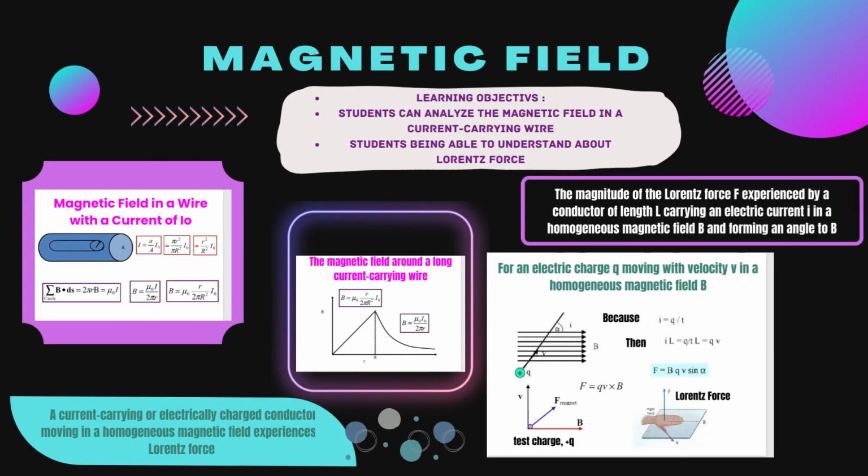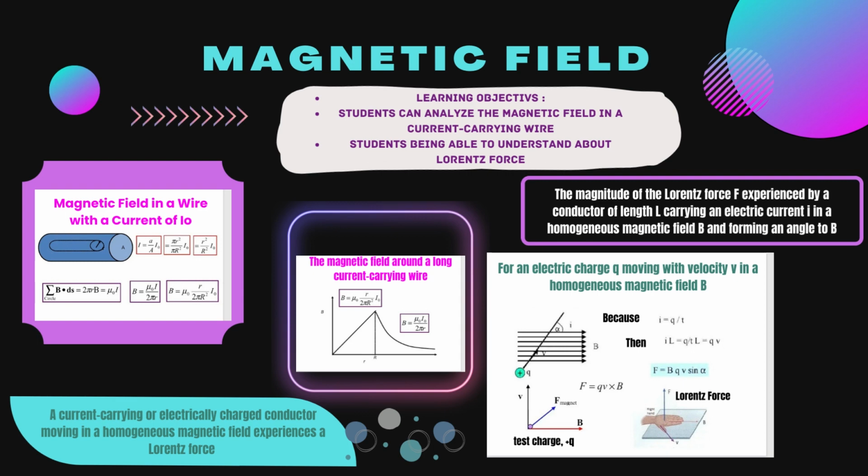One, students can analyze the magnetic field in a current carrying wire. Number two, students are able to understand the Lorentz force. In the first figure, we can see the magnetic field in a wire with a current of I0.